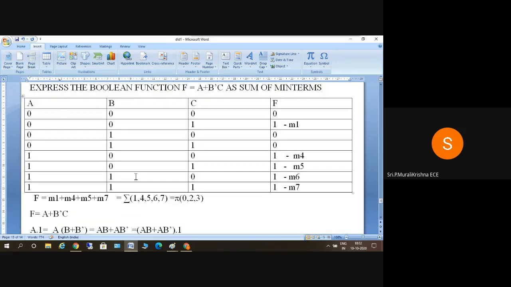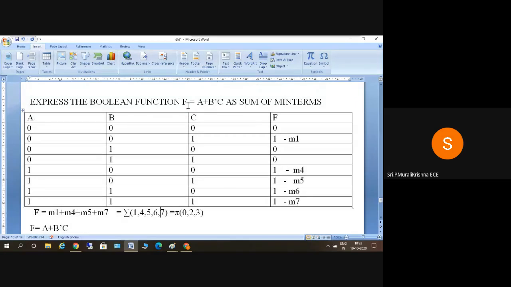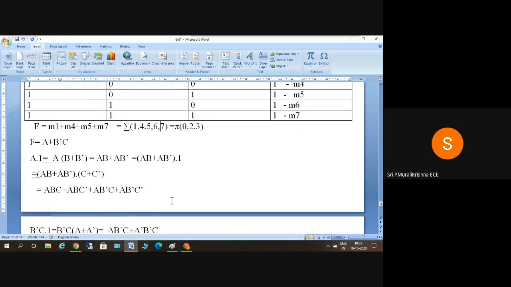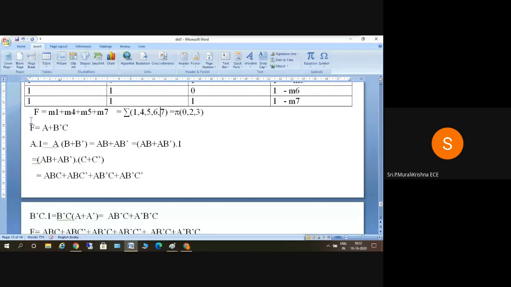So this is the other way here. If you are asked to find the minterms, for a simple question, just write the truth table, substitute those values and find the minterms. The other way is to find the canonical form.